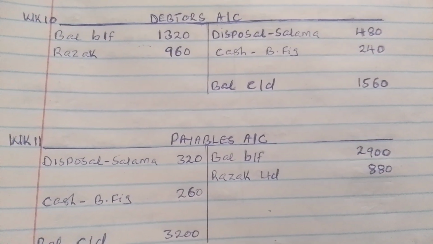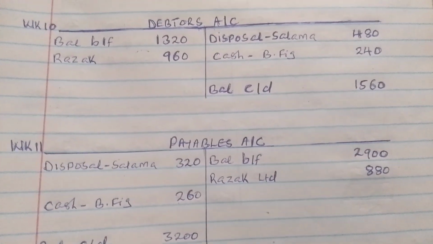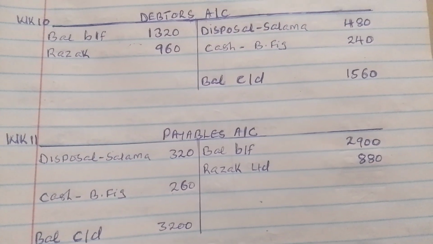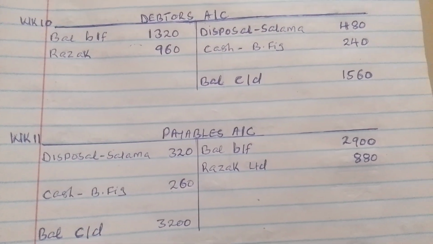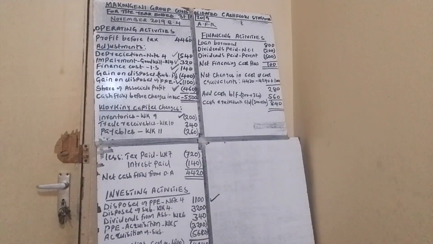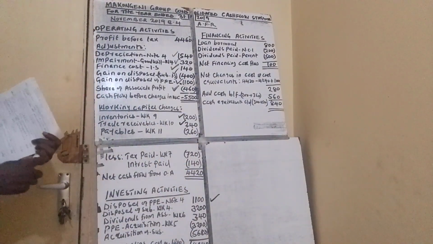Debtors, these are people who have our money. And if those people who have our money are reducing, it is reducing because they are paying us. Money is coming in. So that 240 will be a plus 240.